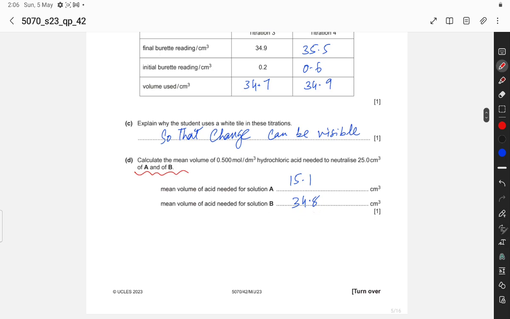The mean volume of acid needed for solution B is 34.7 plus 34.9 divided by 2, which gives 34.8.